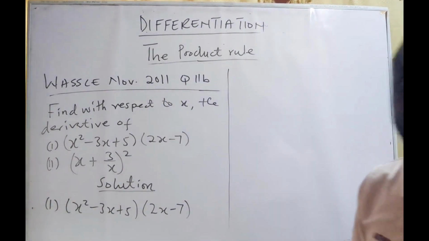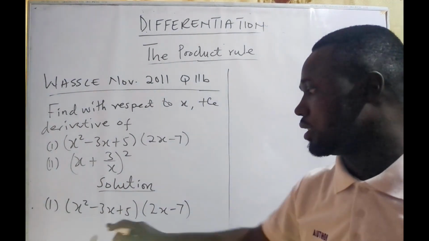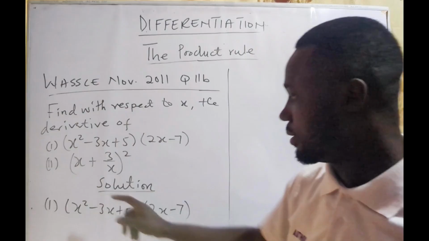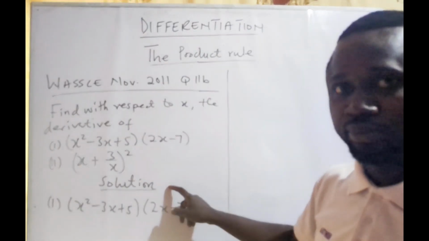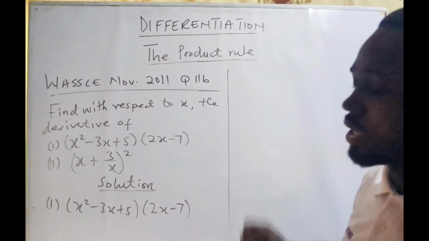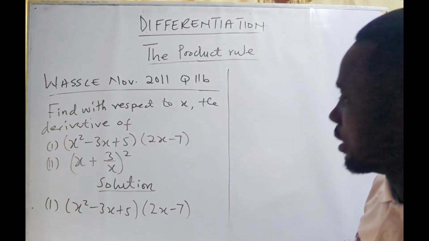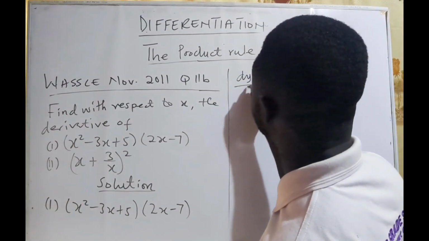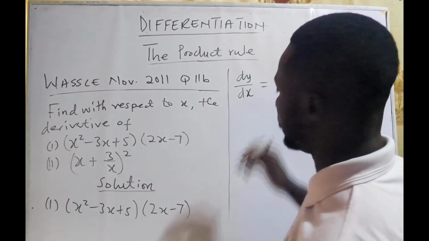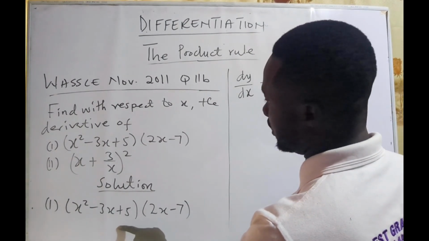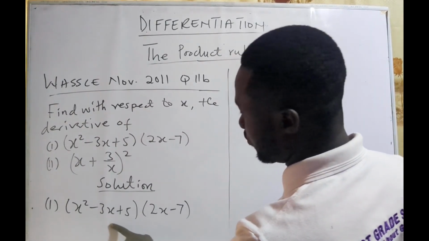the rule for differentiating two functions that are multiplying is: differentiate one, maintain the other, and differentiate the other one too, maintaining the first. So with this one, our dy/dx is the differentiation of the first one.